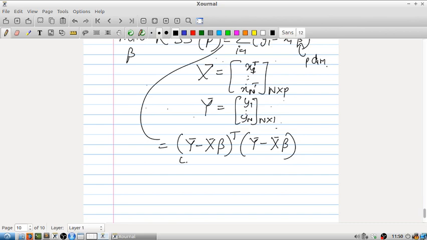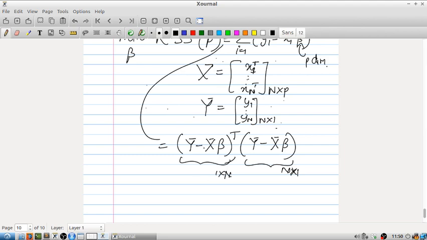Remember, y minus X beta is an n cross 1 vector. With the transpose operation it becomes 1 cross n, and the other is n cross 1. So the inner product of two vectors of the same dimension is going to be a scalar, a single number. At least the dimensionality is fine.